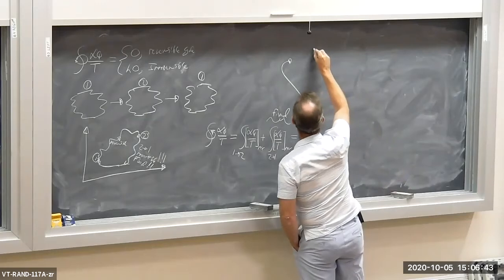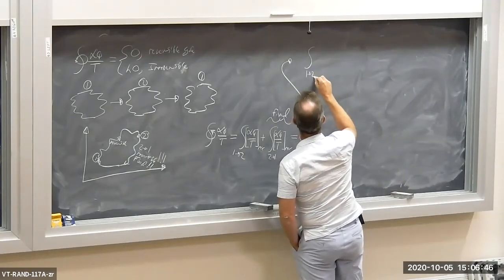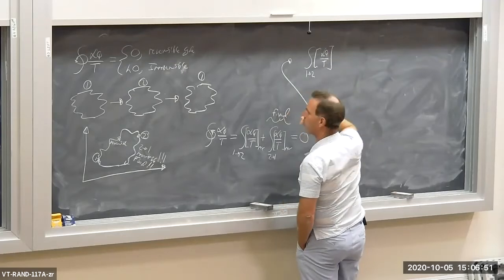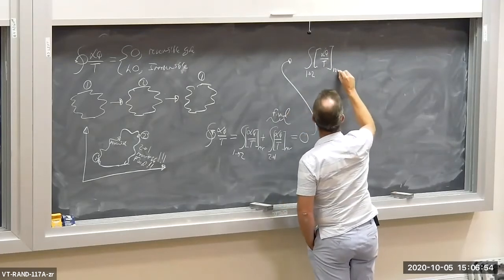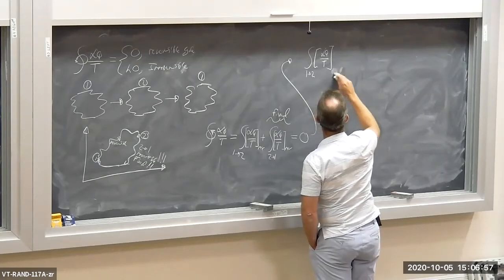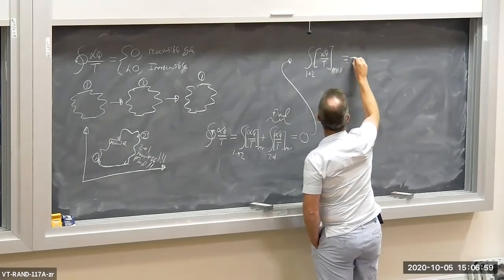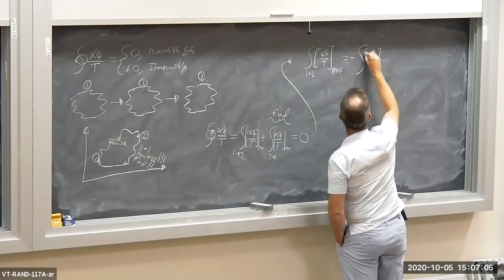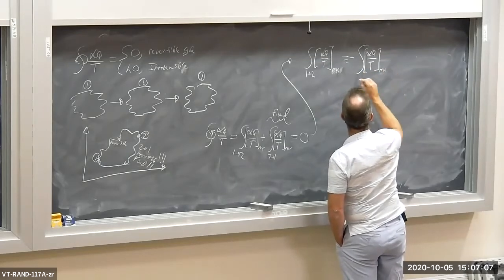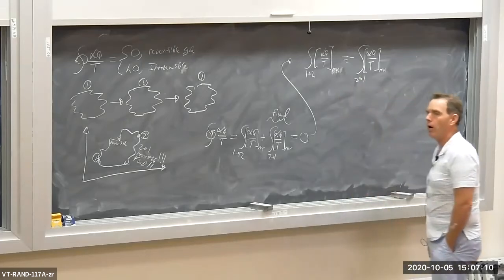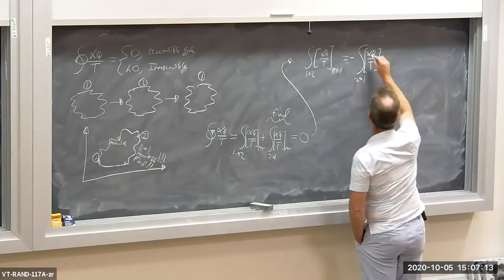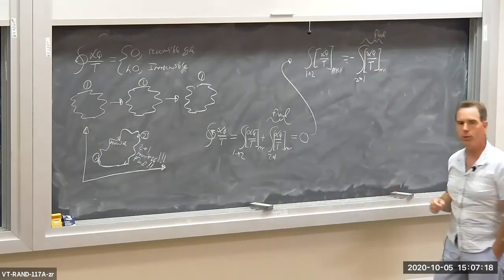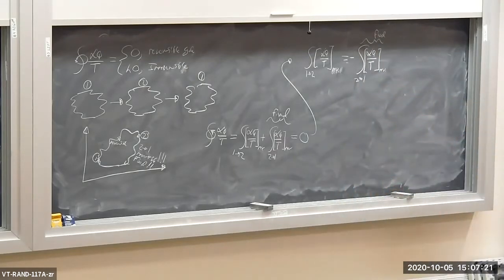So this implies that the integral from state 1 to state 2 of del Q over T, and remember process 1 to 2 for right now is reversible, R-E-V, is equal to minus the integral of del Q over T, and this is also a reversible process, from state 2 to 1. And remember, this is fixed. Why? Because process 2 to 1 is a fixed process, and it's reversible.